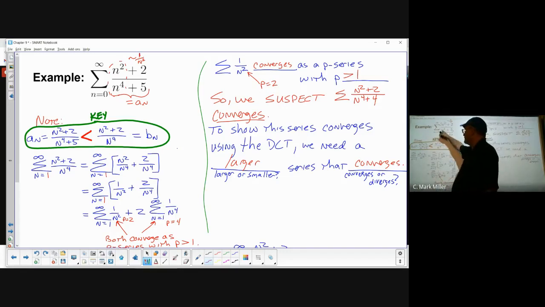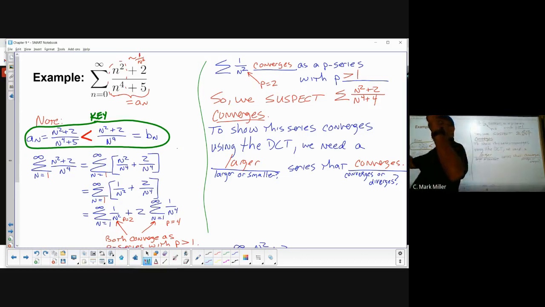Like suppose this were n squared minus 5. For low values of n, it would be negative, right? That's okay, as long as it's positive from some point on. Why? Because you can always ignore the first finitely many terms. Whether they're a positive number or a negative number, they're not going to affect the convergence. Because if something goes to infinity, plus or minus 100 ain't going to do nothing.